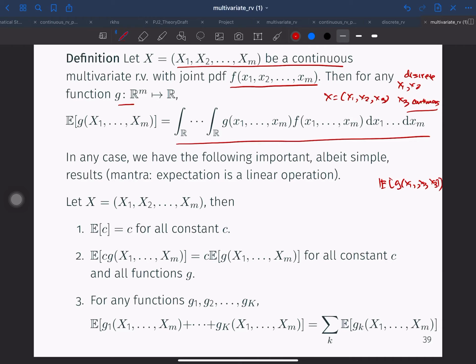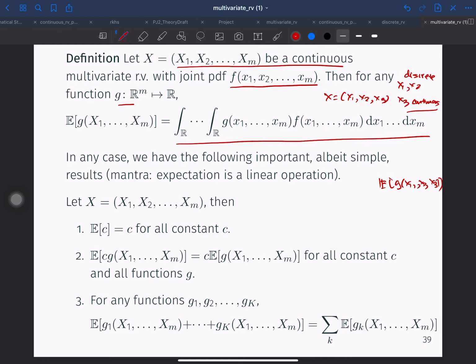The answer is a little bit more complicated, but heuristically speaking, it works just the way you want it to work. We will not go into it too carefully, and you will see a few examples later in this class where we do those kinds of expectations. But for the most part, when your multivariate random variable is mixed, it works out just as you would expect it to work.